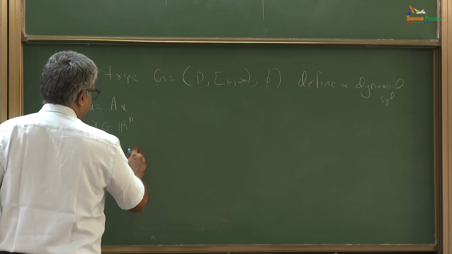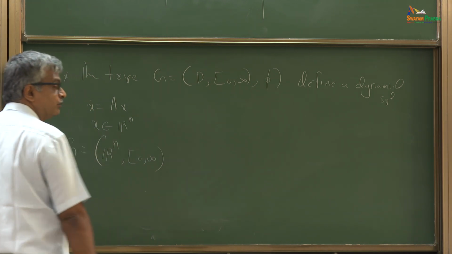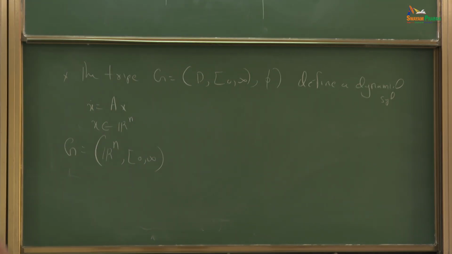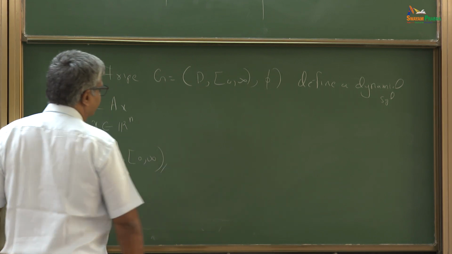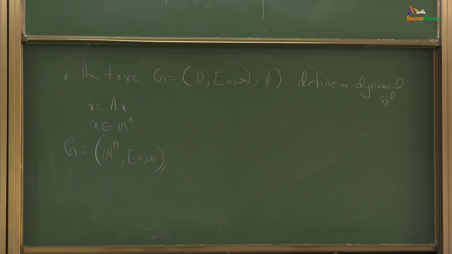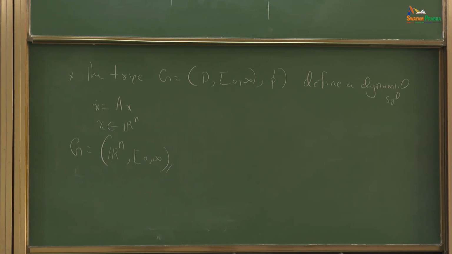The interval of time is, say, we are concerned with forward in time, 0 to infinity. What will be the phi? You supply some point, how do you go to the next point? What is that map?